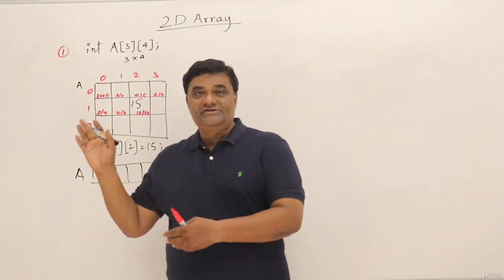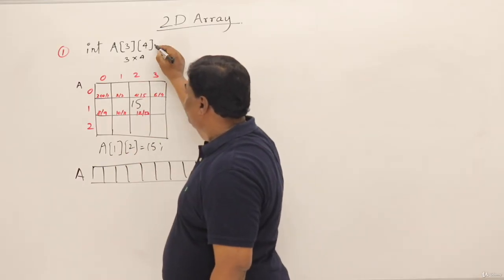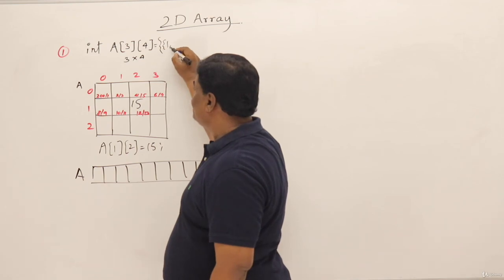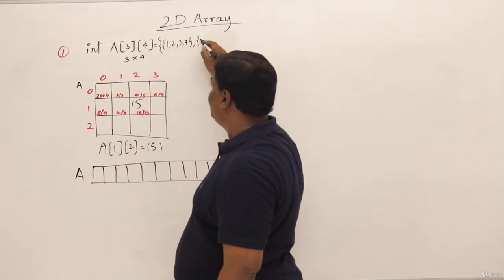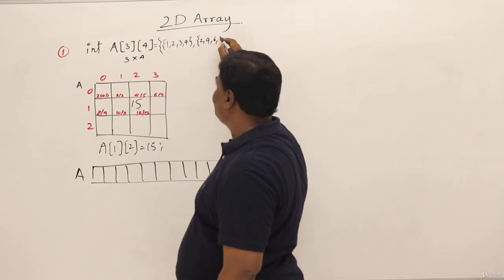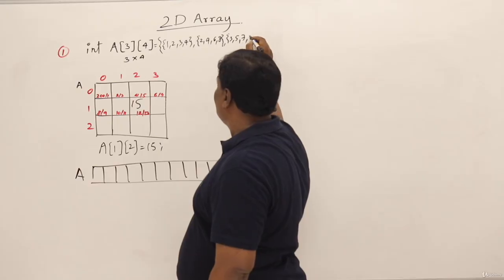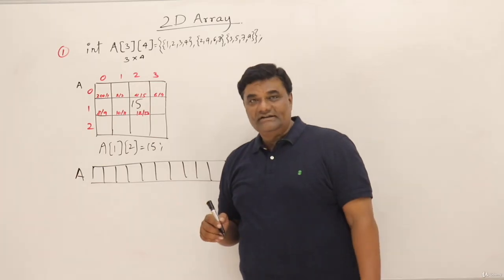If we want to initialize this 2D array, we can directly mention the list of elements, like 3 rows and 4 columns. The first row has 4 elements, 1, 2, 3, 4, the second row has the elements 2, 4, 6, 8, and the third row has the elements 3, 5, 7, 9. So a 2D array will be initialized.